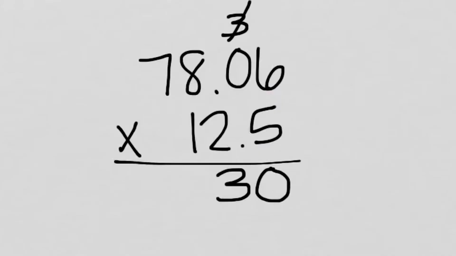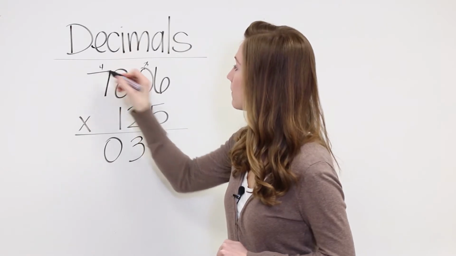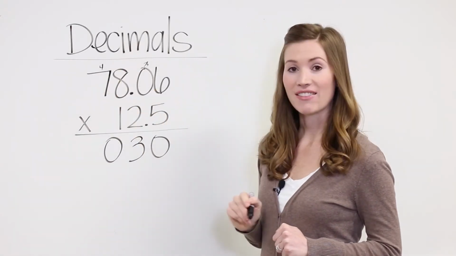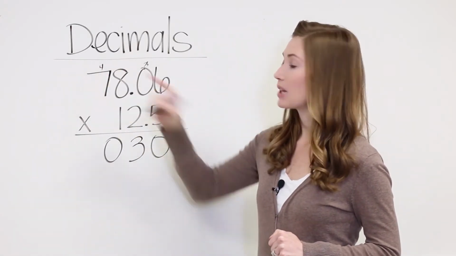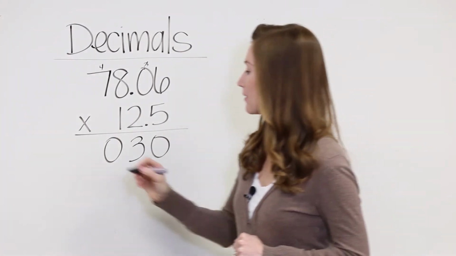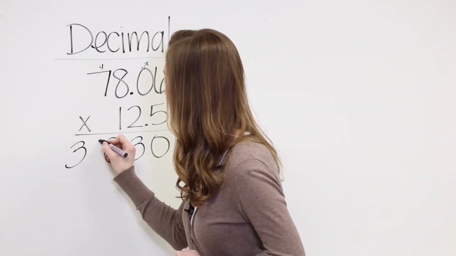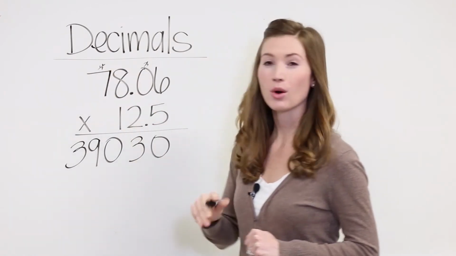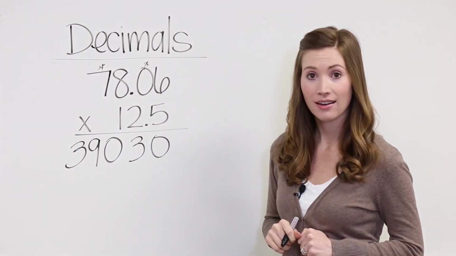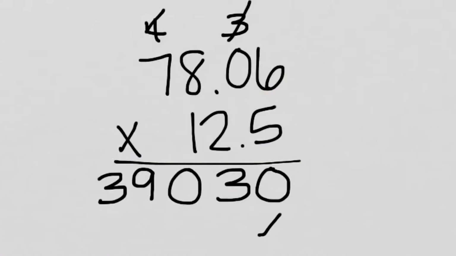5 times 8 is 40. We write the 0 and we carry our 4. 5 times 7 is 35, plus 4 is 39. Again, I'm going to cross out my 4 so I know I've already used it. Now we need a placeholder.